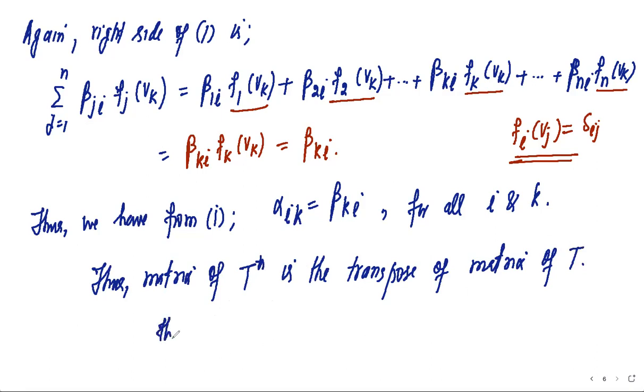So B is equal to A transpose. So this completes the proof. Thank you so much.